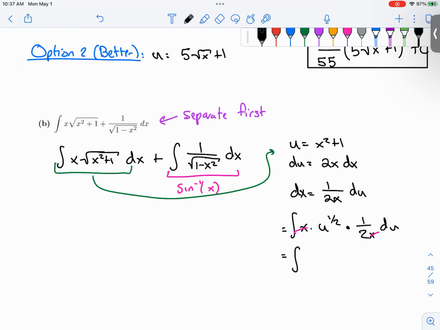So we have the integral of 1/2 u to the 1/2 du, and that is an integral purely in terms of u. I know you guys were writing down, so slow down for just a moment. Now that we've canceled out those x's, all that's left is an integral purely in terms of u, so we can integrate it.